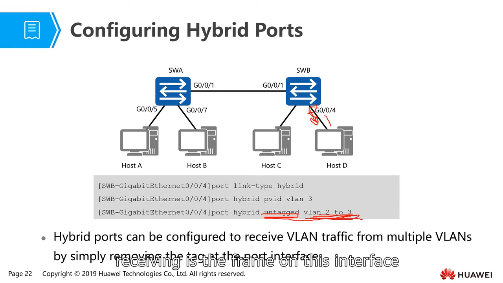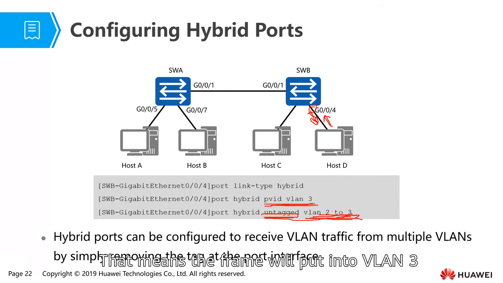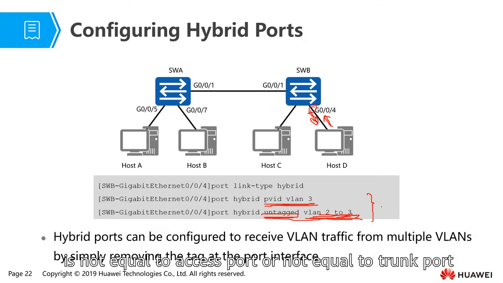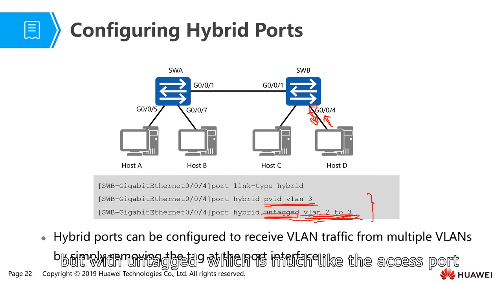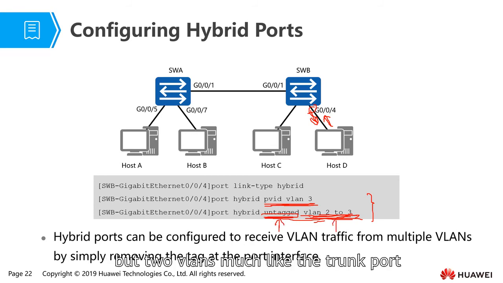Frames received on this interface belong to the PVID, VLAN 3, so the frame will be put into VLAN 3. This is a special configuration, not equal to an access port and not equal to a trunk port. It belongs to two VLANs but with untagged, much like the access port, but with two VLANs, much like the trunk port.